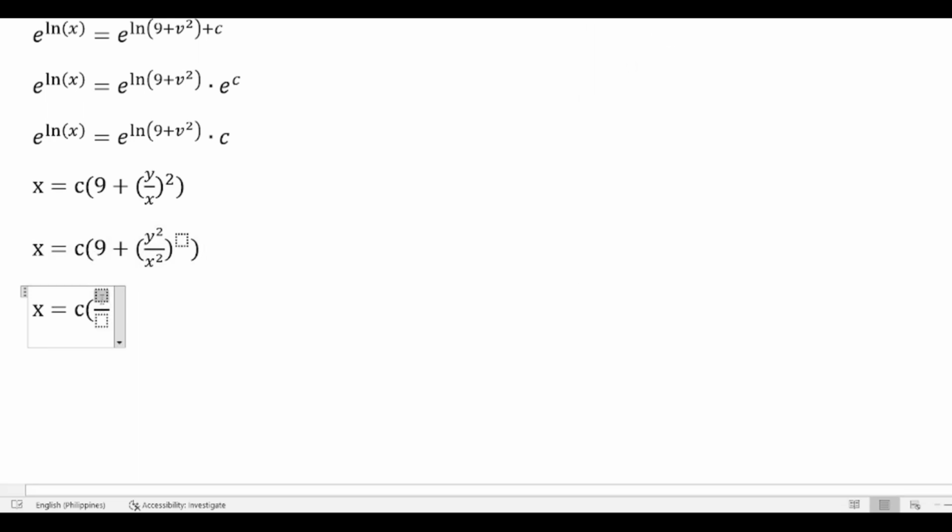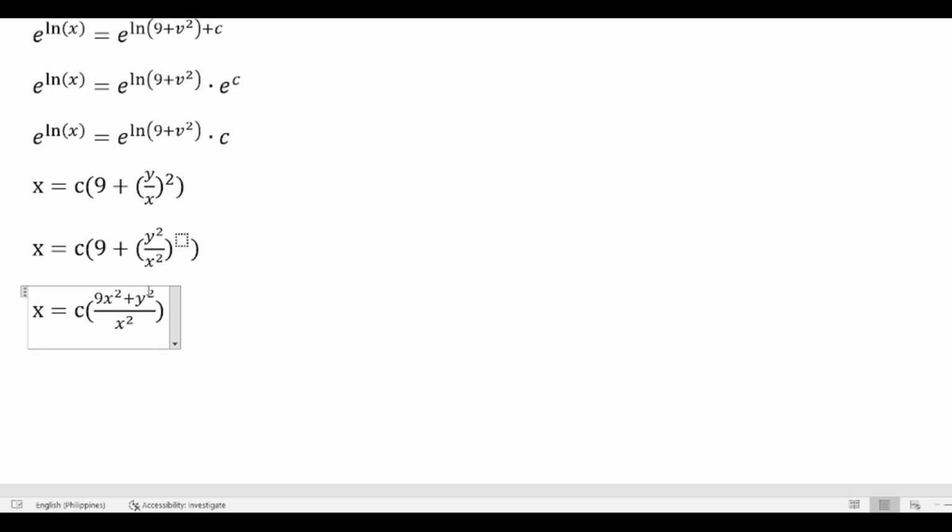So over here at the bottom, the denominator, the common will be x squared, of course. Now x squared divided by 1, since this one has over 1, then times 9, that will be 9x squared. Plus x squared divided by x squared is 1, so you will be left only with y squared.